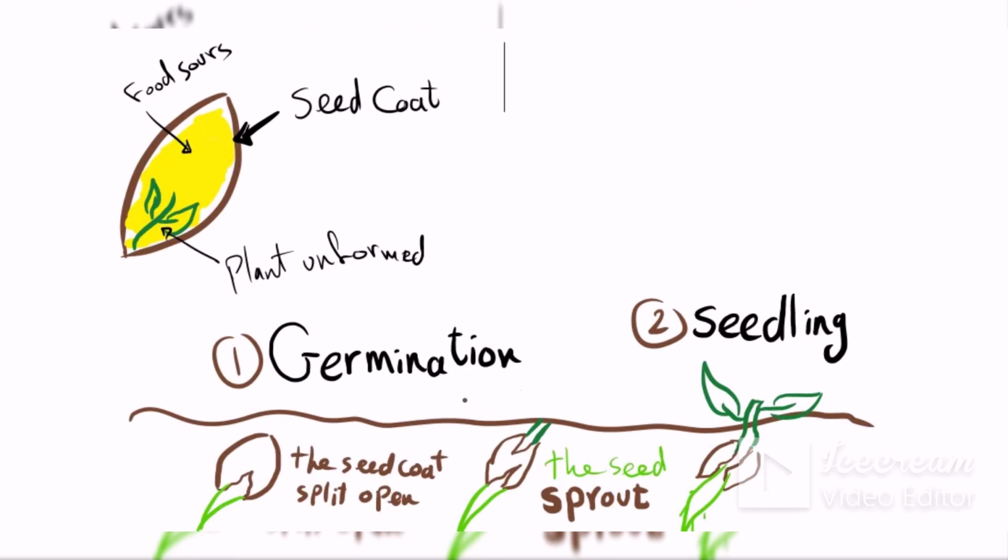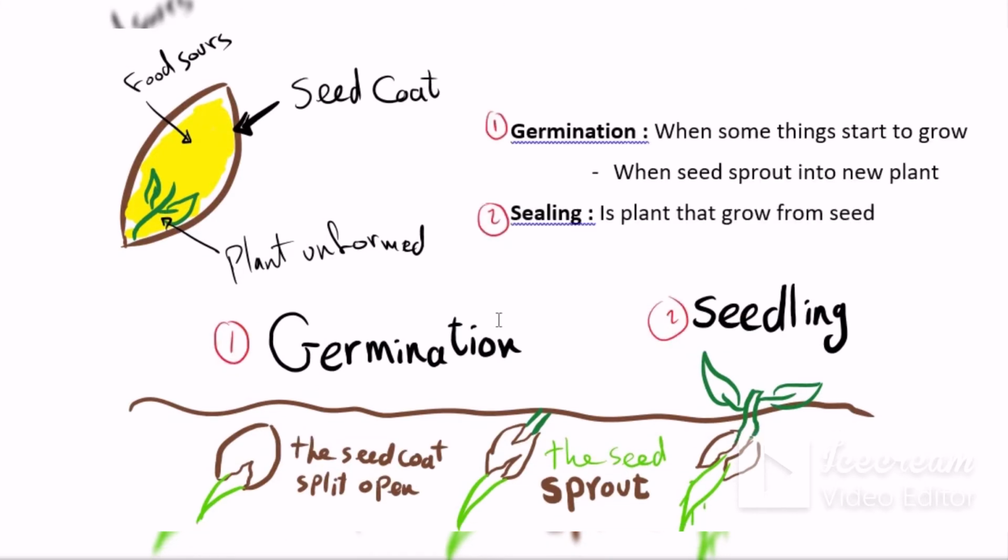Germination is when something starts to grow or sprout into a new plant, and the seedling is the last stage. The plant now has a stem, root, and leaves, as you see here.